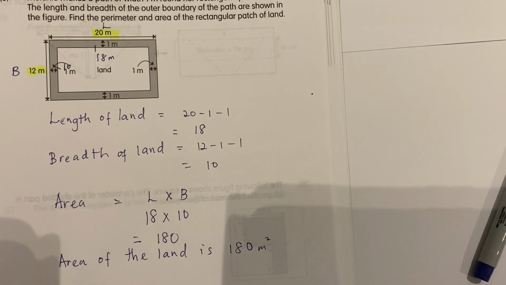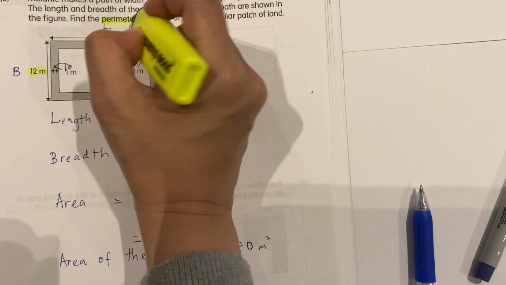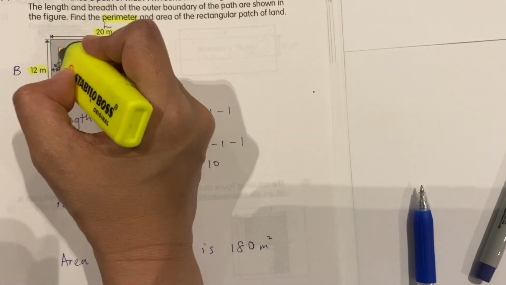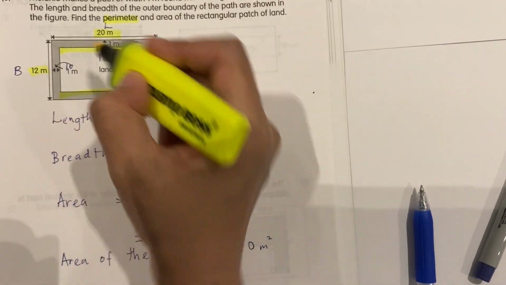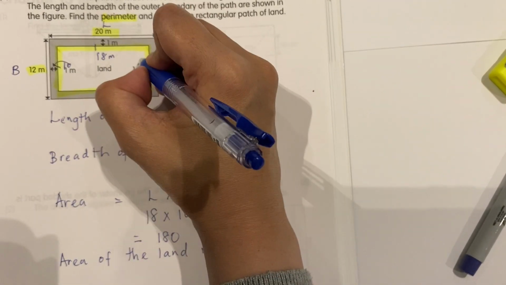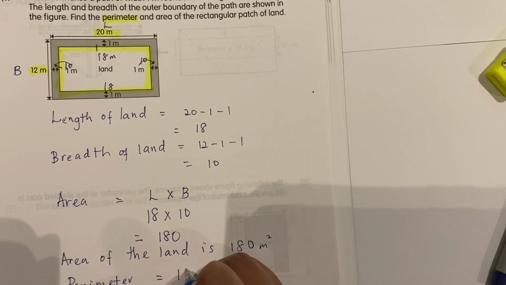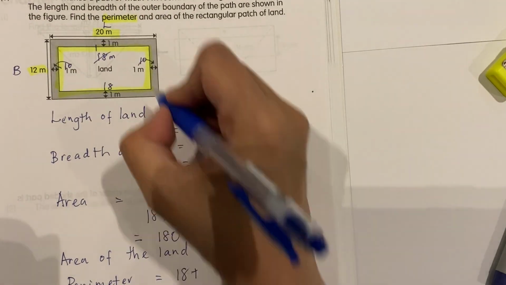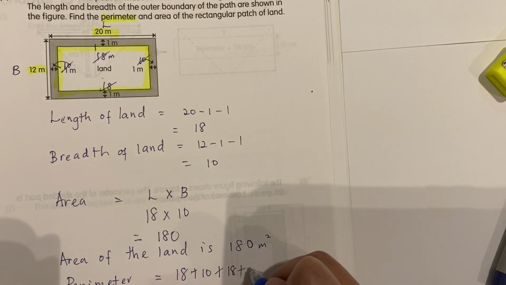Now the next part, they ask you to find the perimeter. Perimeter, always remember, is the outline. So this is the perimeter, length and breadth. We know this part here is 18, this is also 10, so you write down perimeter is 18 plus 10 plus 18 plus 10.